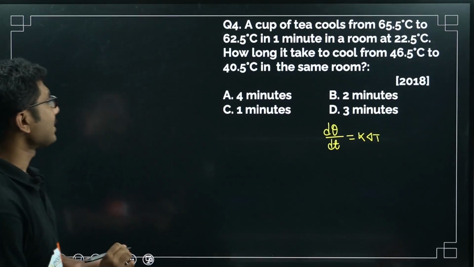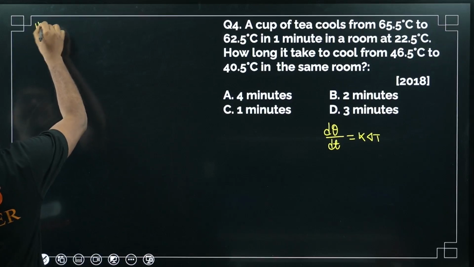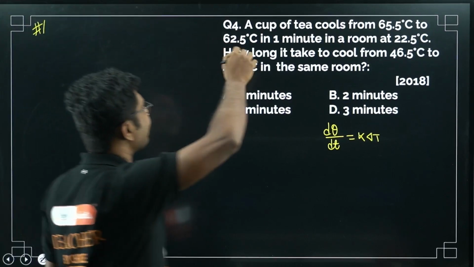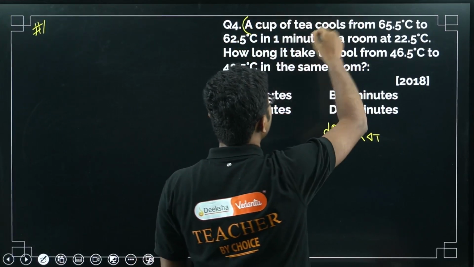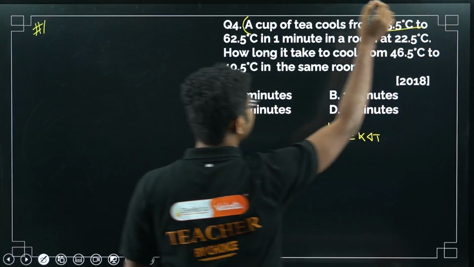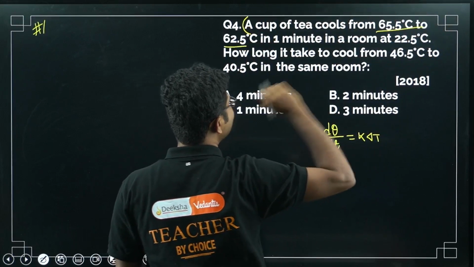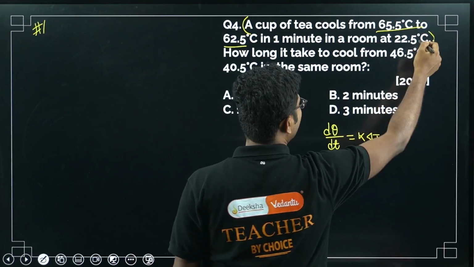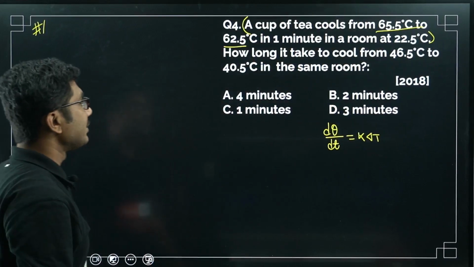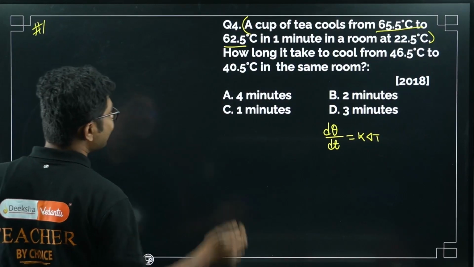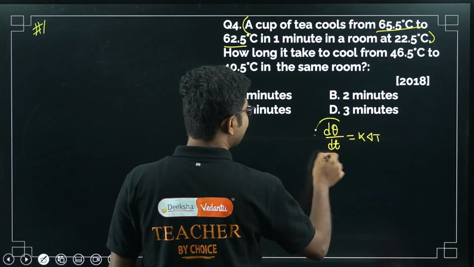For the first case, everything is given. A cup of tea cools down from 65.5 degrees Celsius to 62.5 degrees Celsius at room temperature 22.5 degrees Celsius. So this is the first case. What is d theta by dt?